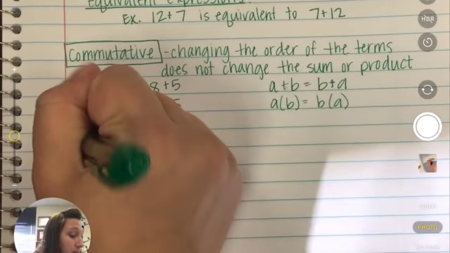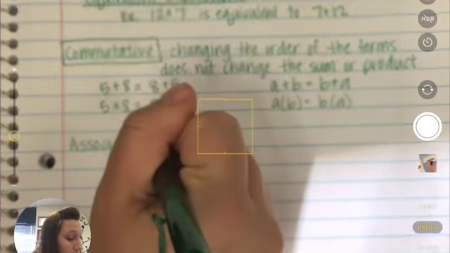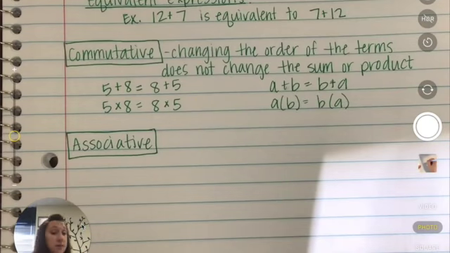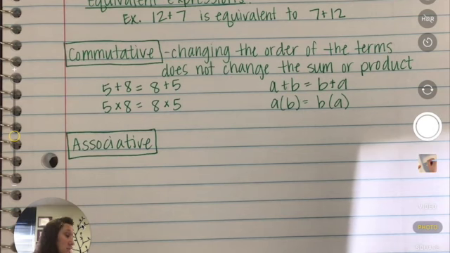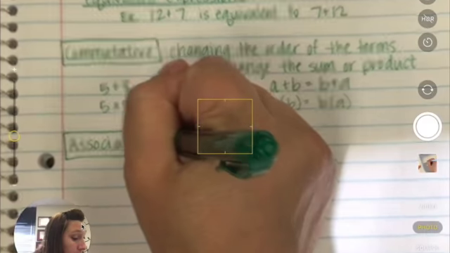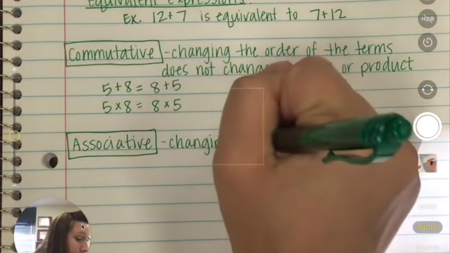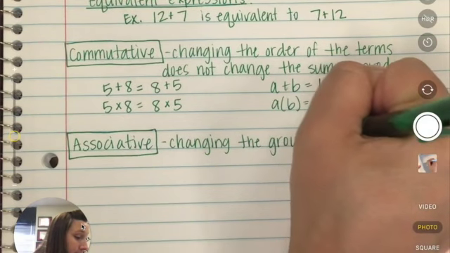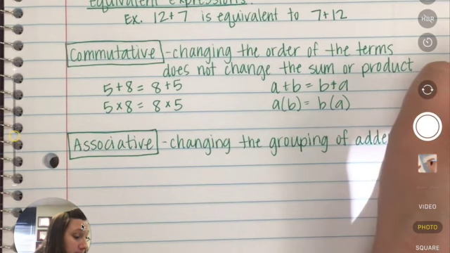The next property is the associative property. And the associative property says that changing the grouping of the addends or of the factors does not change the sum or the product. And addends are just the parts of an addition problem.